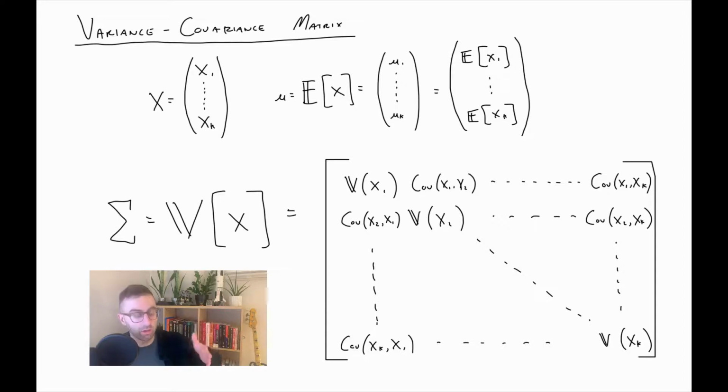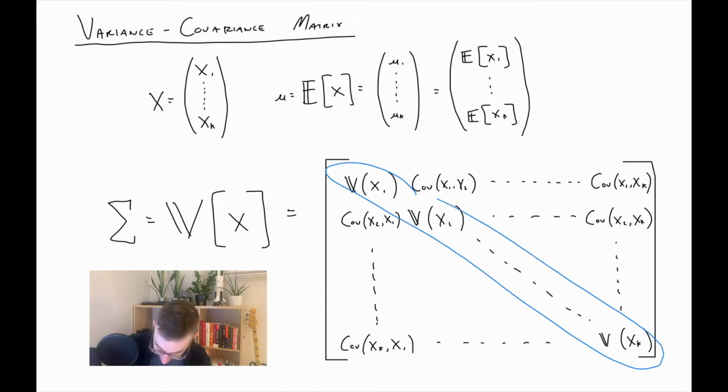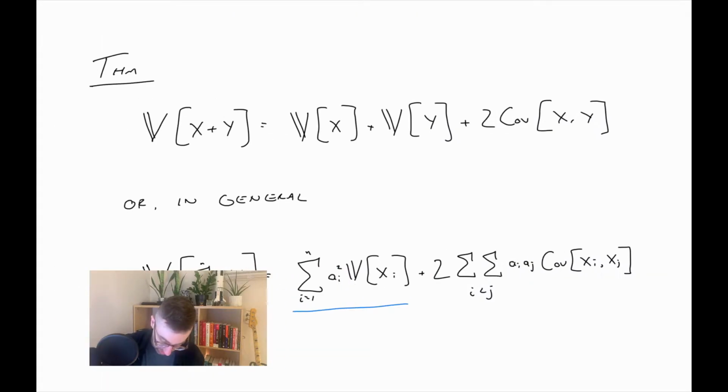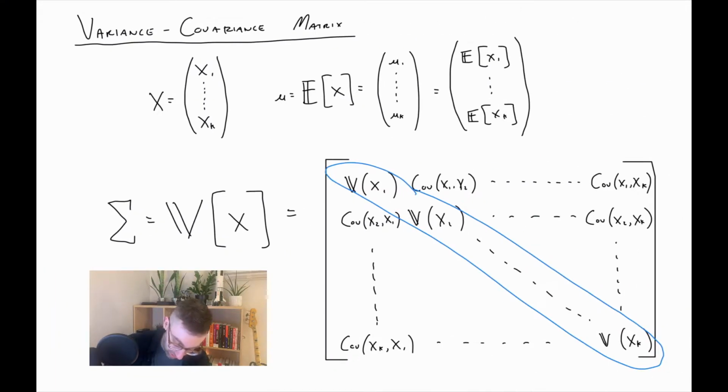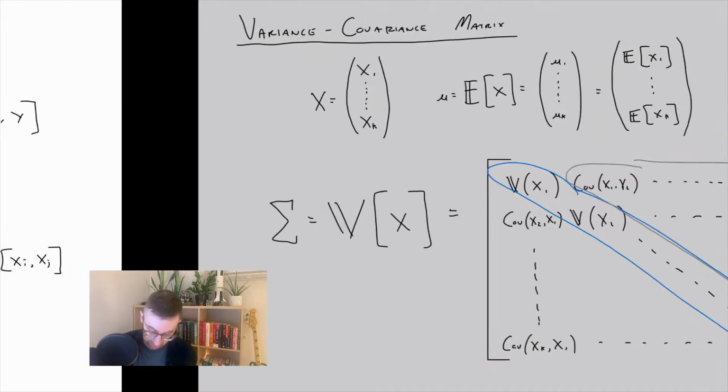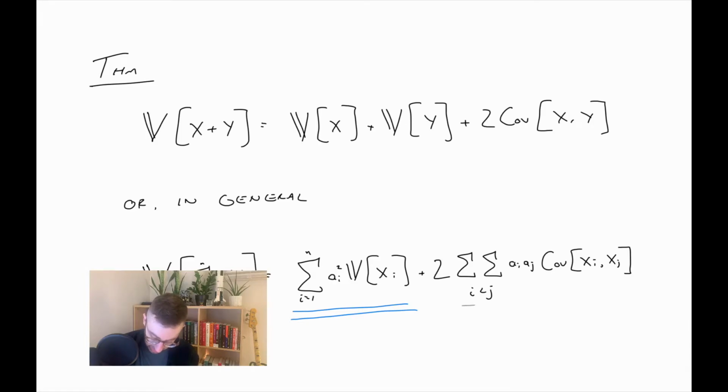The variance covariance matrix, sometimes denoted sigma, sometimes just the variance of X, is a matrix where the diagonals are the variance elements, which corresponds to here. And on the off diagonals you have the covariance terms, which is what we're looking at here.